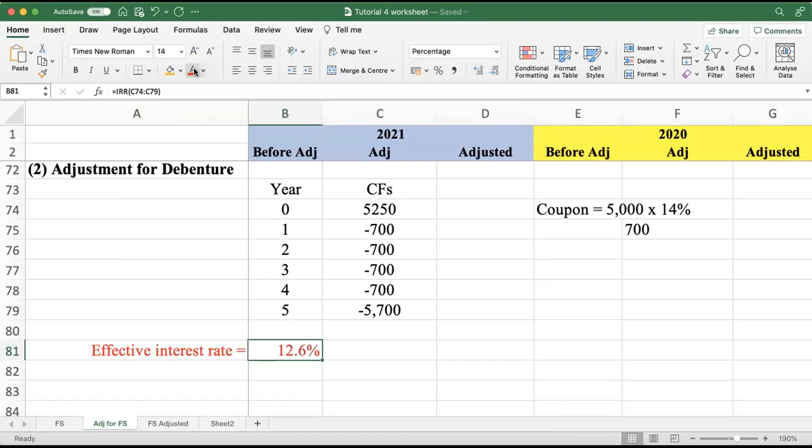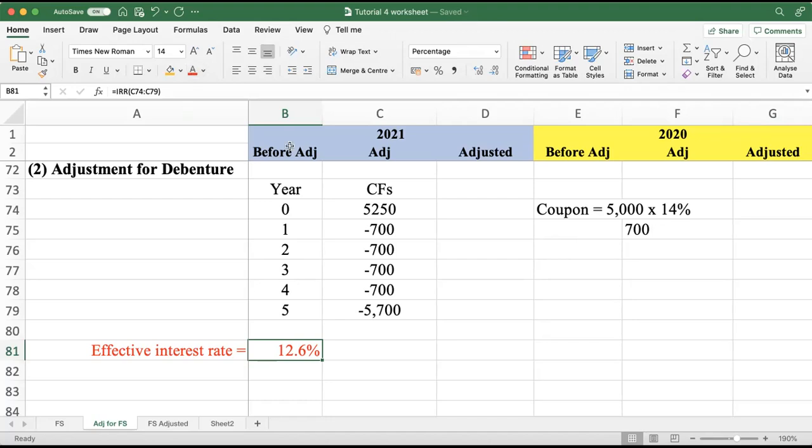So according to IFRS 9, you have to calculate the debenture liability at amortized cost. But to calculate the amortized cost, you need the effective interest rate. Right.